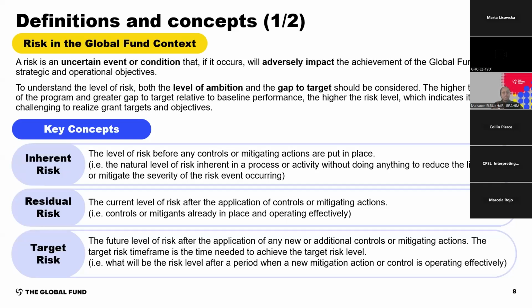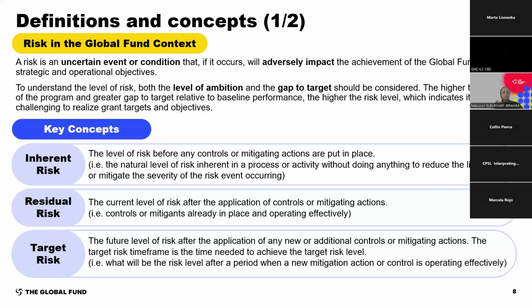And when we plan a target risk level, we are obliged to define a time frame to document how long it will take to bring the risk down to the desired level. So for example, if the supply chain management risk in a country is very high due to issues with procurement or quantification or warehousing or logistic information system at the start or before the start of the grant, we invest in building certain capacities through the grant and maybe outsource some of the functions so that we reach a residual risk level, which could be high.